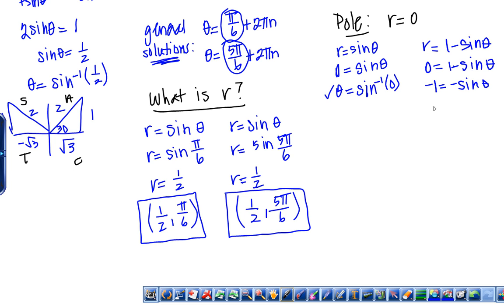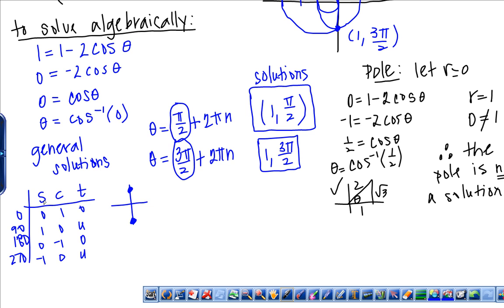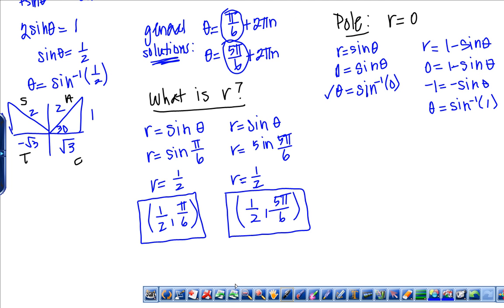Divide, that's going to be a +1, and then I'm going to go ahead and set up my arc sine. So theta equals arc sine of a positive 1. Okay, I'm going to go back and see if that's on my chart. And it looks like it's there again. So that does exist. So that means since it works for both of them and these angles do exist, my pole or my origin is a solution.